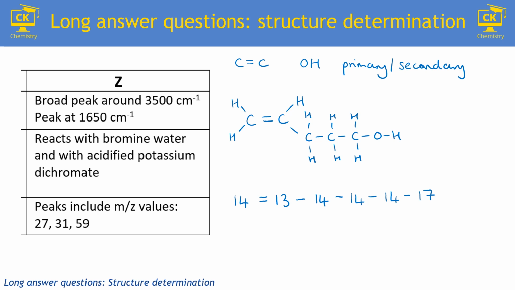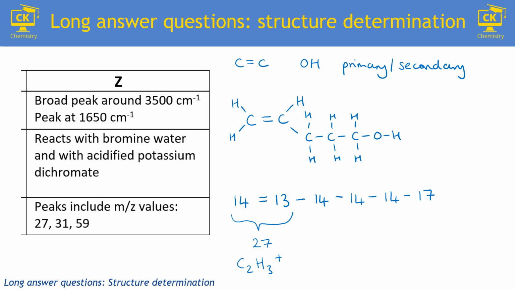So what have we got? Well, we've got a peak at 27. And yes, my peak at 27 does fit, because C2H3 with a positive charge would produce that peak. What about 31? 31 cannot be made of a combination of carbons and hydrogens, it actually has to include the oxygen.